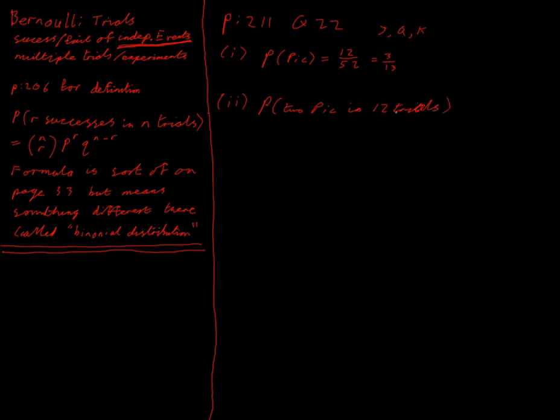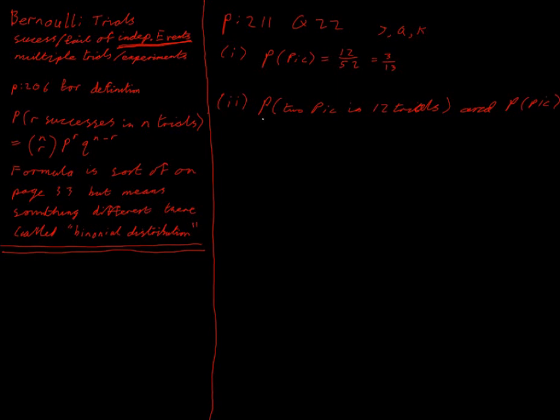In the first 12 trials, we have to get 2 picture cards, and we can get them anywhere. And we must get a picture card on the 13th attempt. Now, it doesn't matter that it's the 13th attempt because they're all independent of each other.